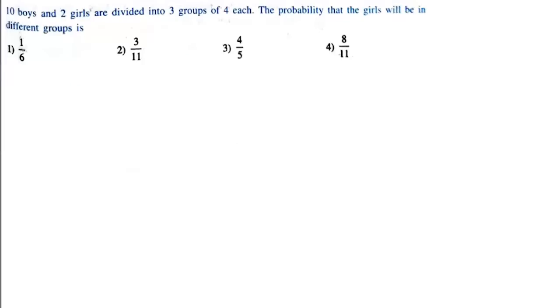Now here the question is, 10 boys and 2 girls are divided into 3 groups of 4 each. Now the probability that the girls will be in different groups is, now what we'll do is, first we'll find the total number of ways to distribute them.